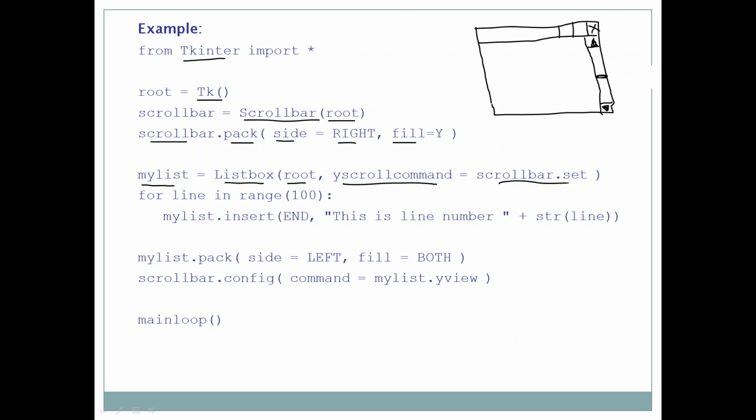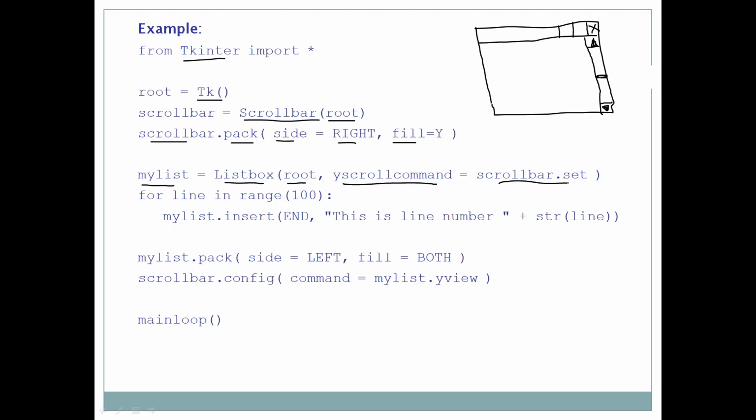It means when we move the scroll bar, when we change the value of a scroll bar, that is applied to y scroll command, which means where we need to move the content of a list box in the y direction. So y scroll is used to move the content of a list box vertically.